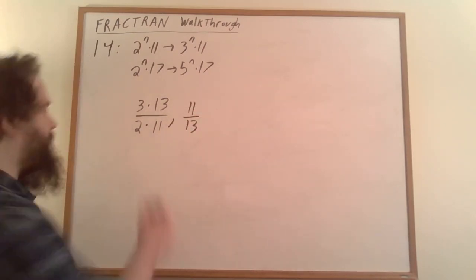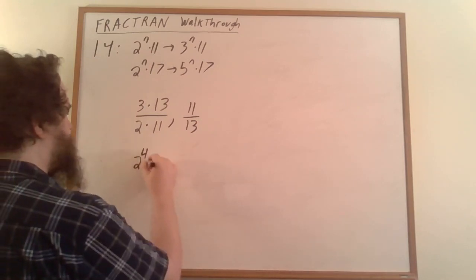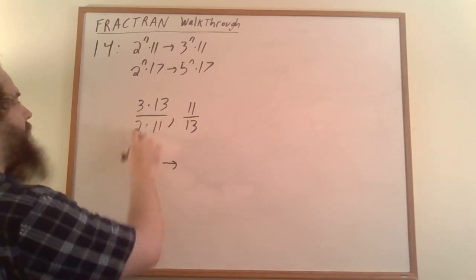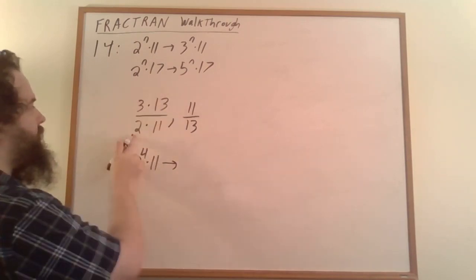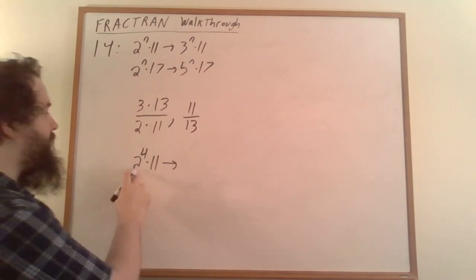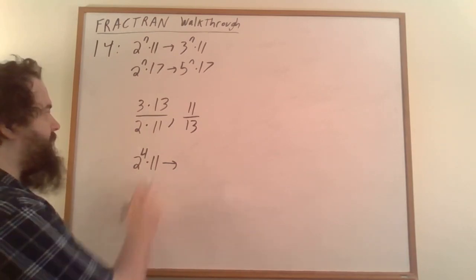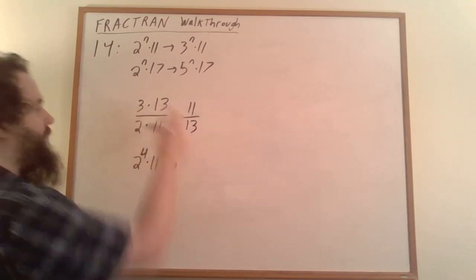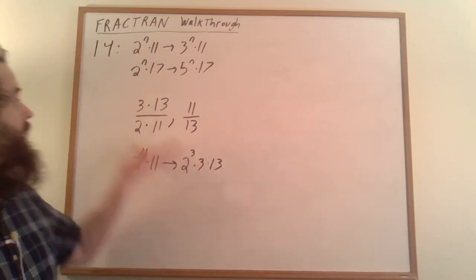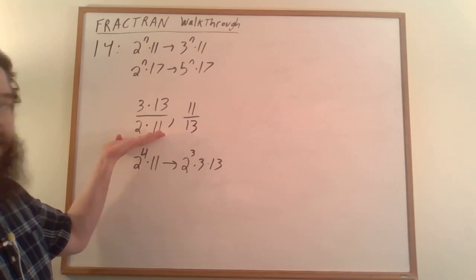Let's say that we started off in 2 to the 4th times 11. Then we would multiply by this first fraction here. There's both a factor of 2 and a factor of 11 present, so we'll get rid of one of the 2's, we'll get rid of the 11, and we'll add a 3 and a 13. Now with this number here, of course this number isn't divisible by 2 times 11.